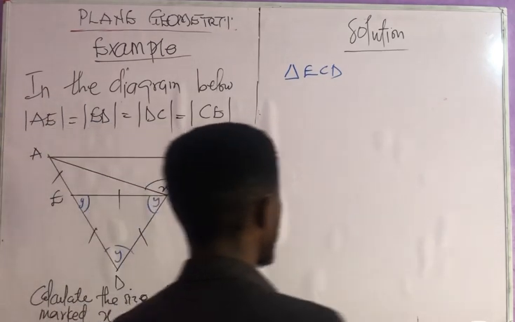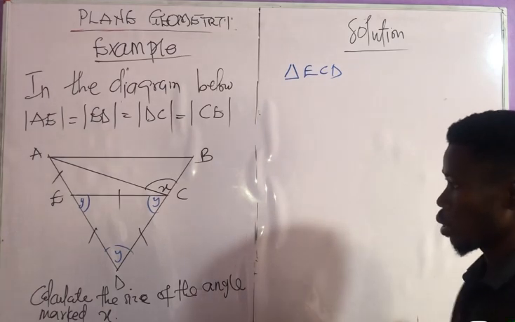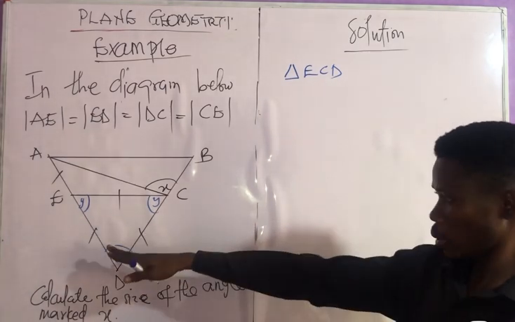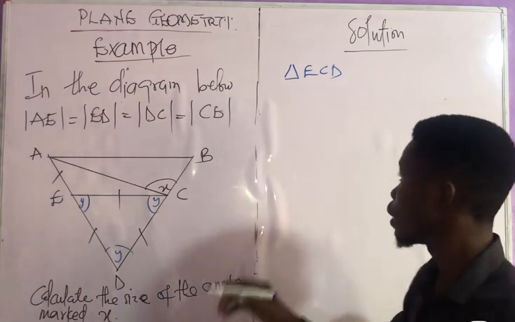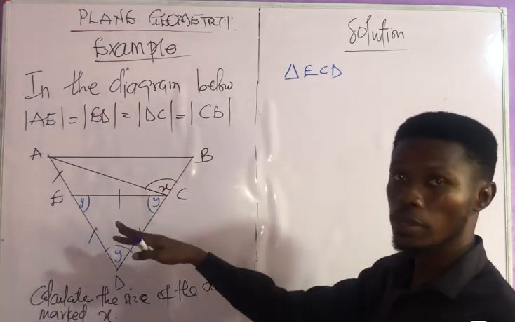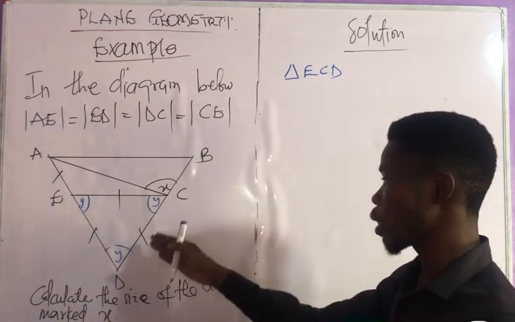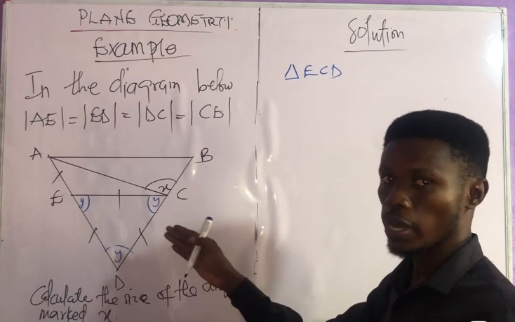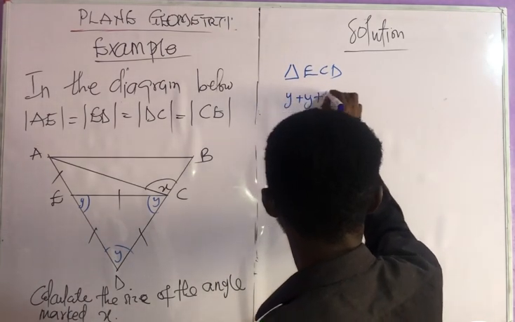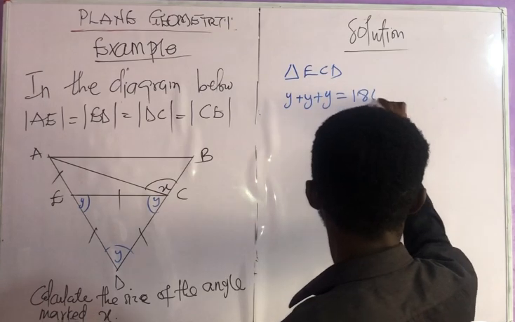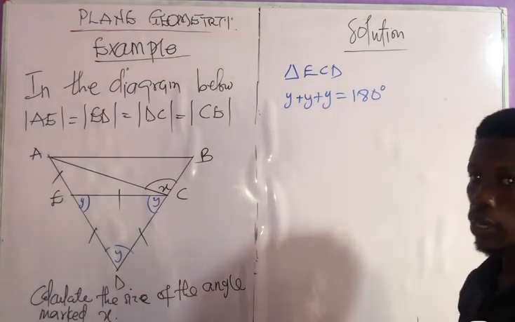The angles are all equal. If these are represented by Y, then if I sum them, I'll get 180 because this is the interior angle of a triangle. So I have Y plus Y plus Y equals 180 degrees. Is that okay?